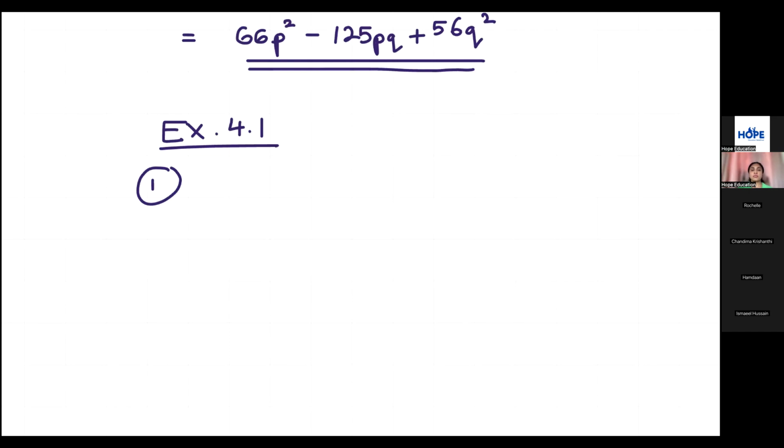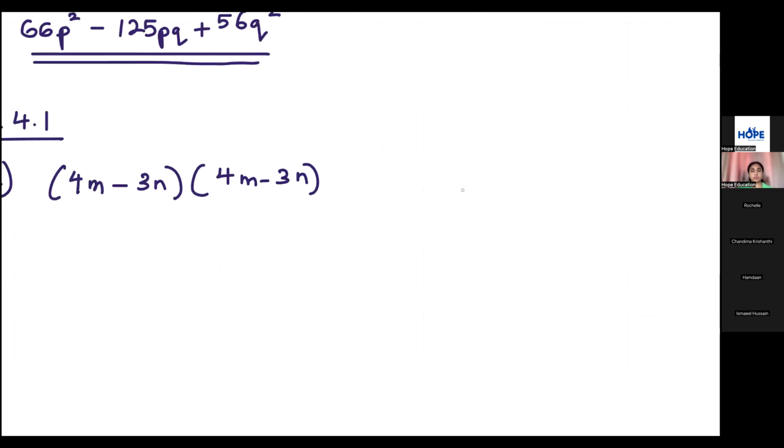Let's do K. It is 4m minus 3n. 4m minus 3n. Then do N also.